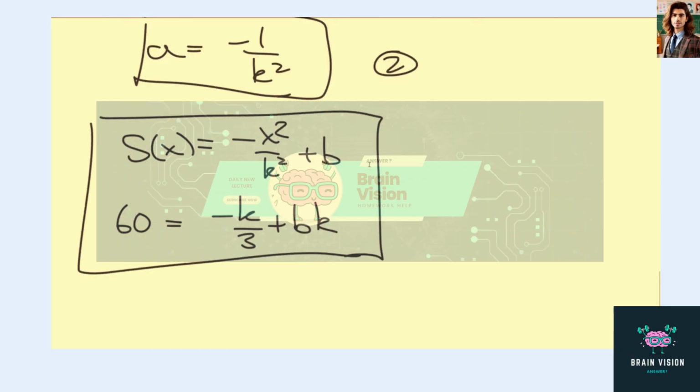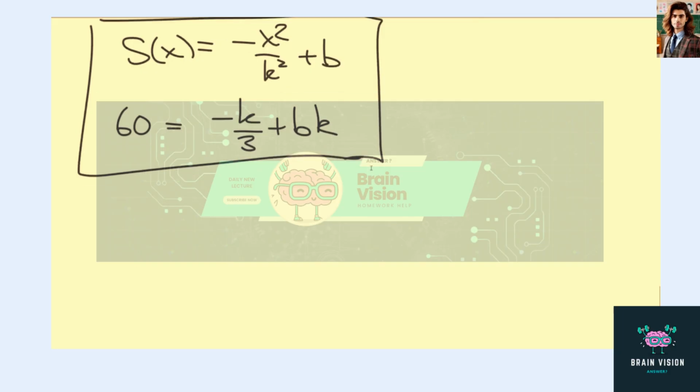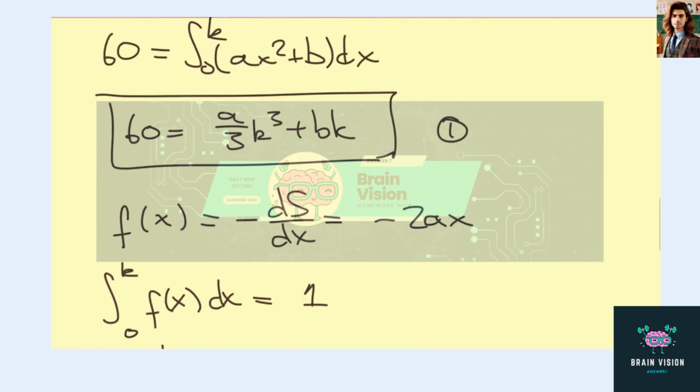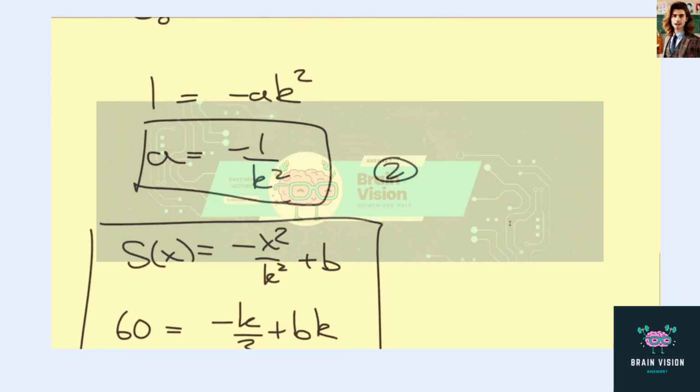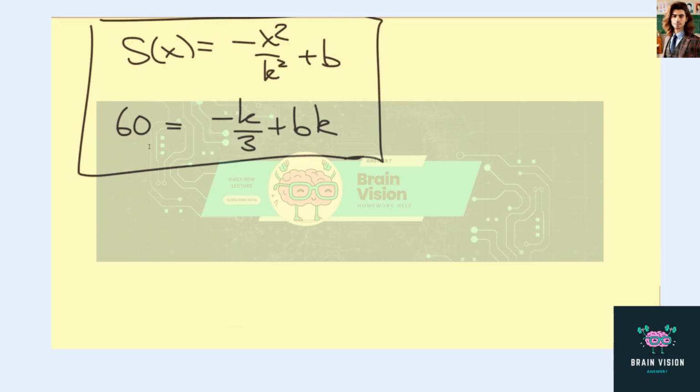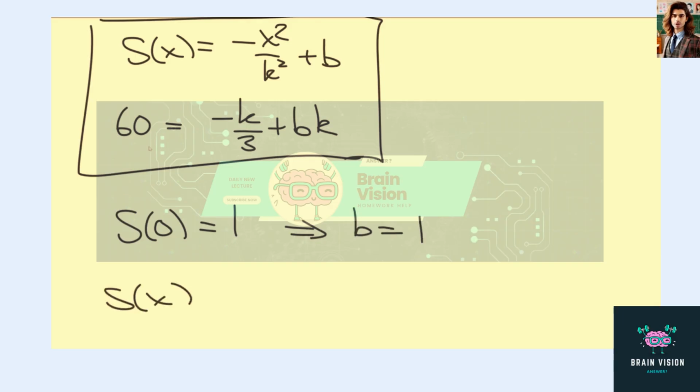But remember that S of 0 has got to be equal to 1 because it's a survival distribution. So at the beginning, everything has to still be there. So that means that b is equal to 1. So we get S of x equals 1 minus x squared over k squared.